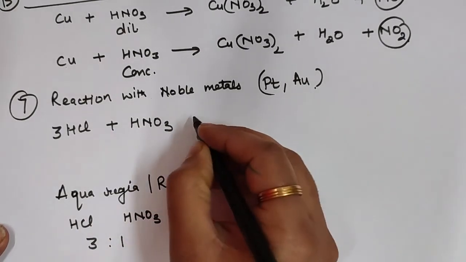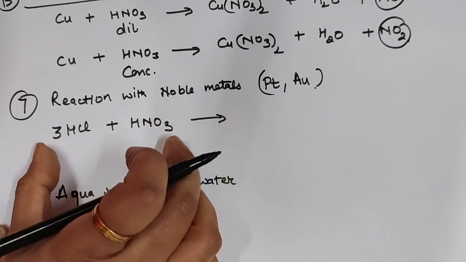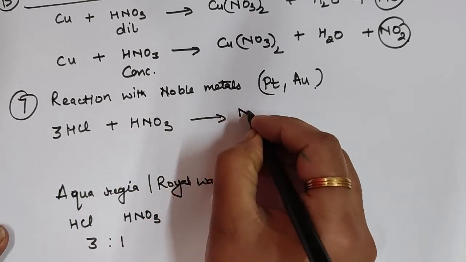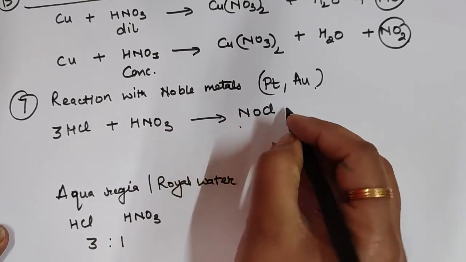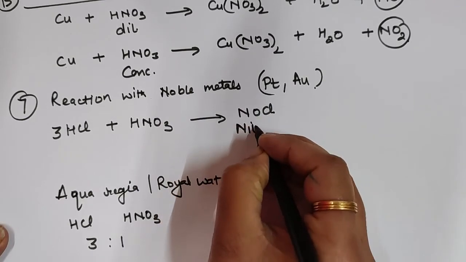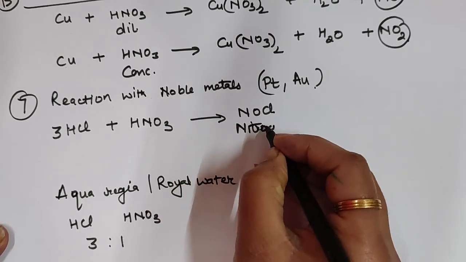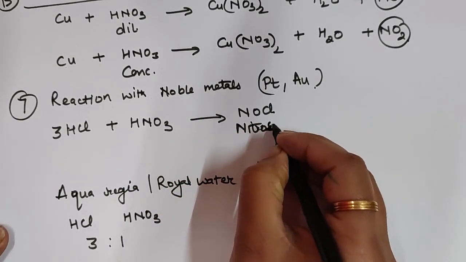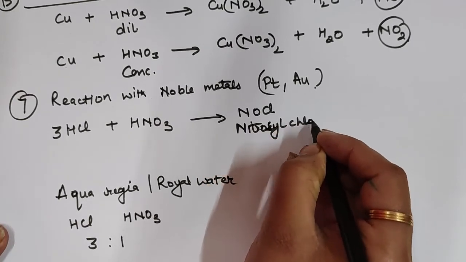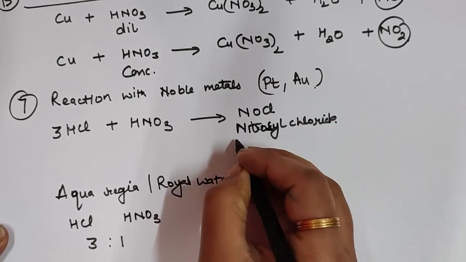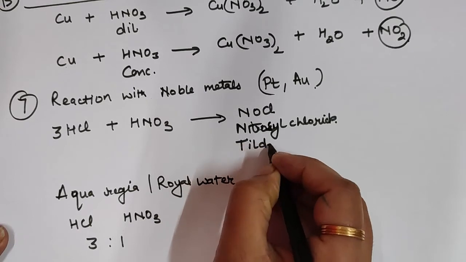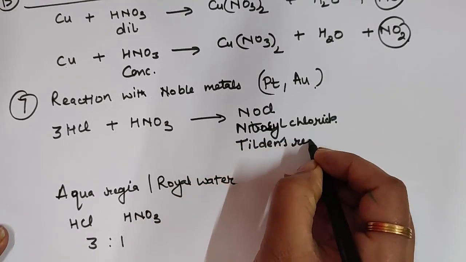So when both of these are there, they form NOCl. This is nitrosyl chloride. We also call it Tilden's reagent.